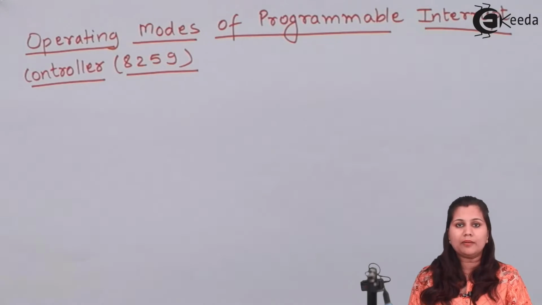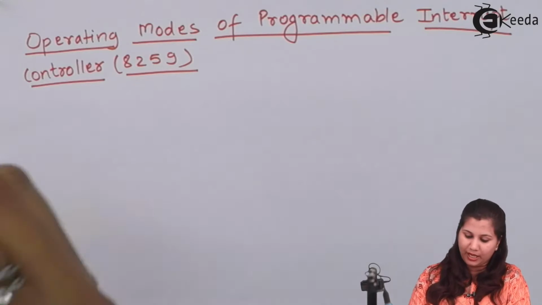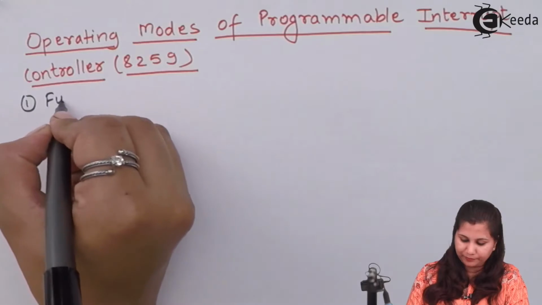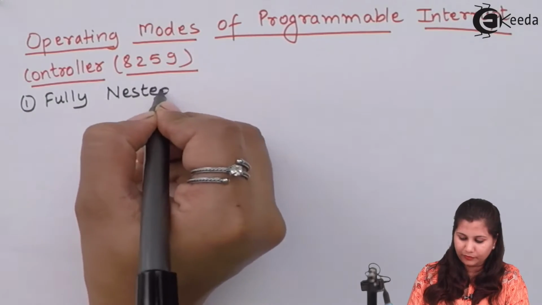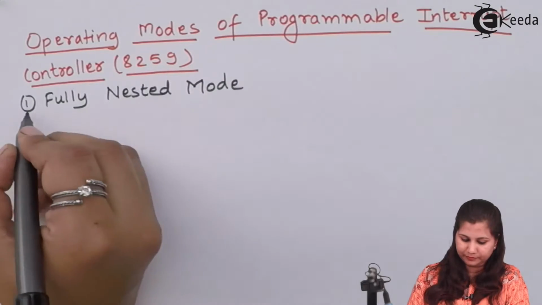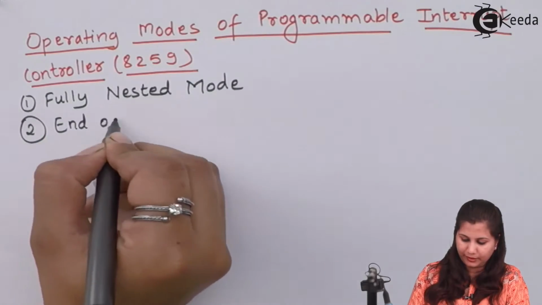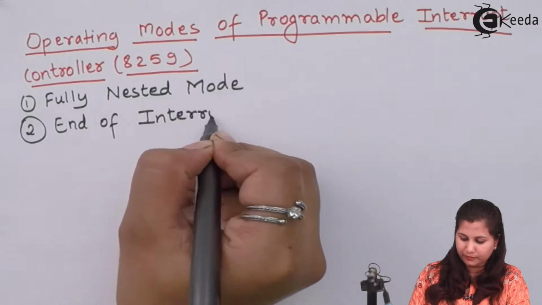There are 11 modes of operation of this 8259, whose names are fully nested mode, end of interrupt mode.